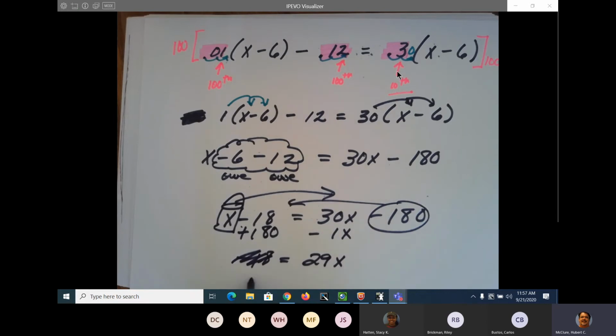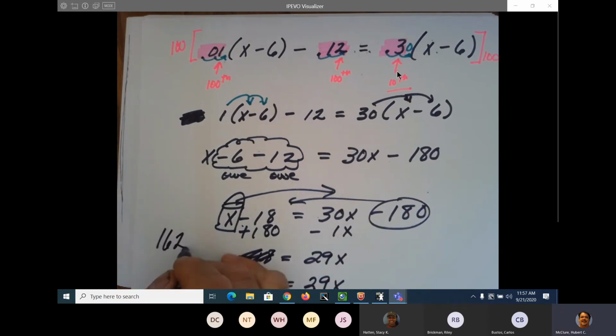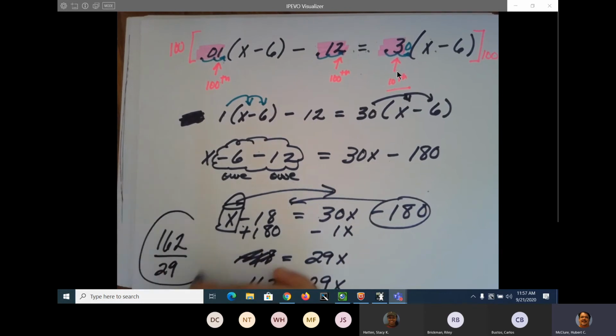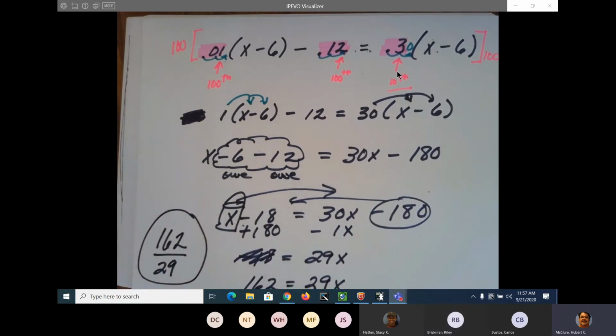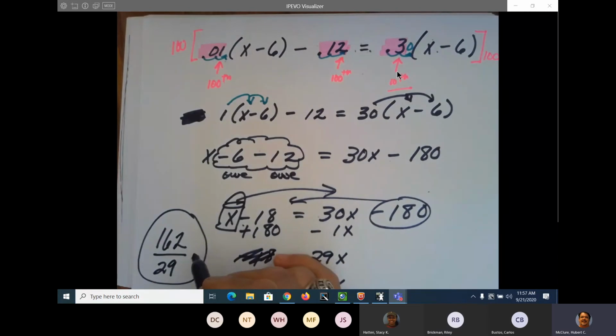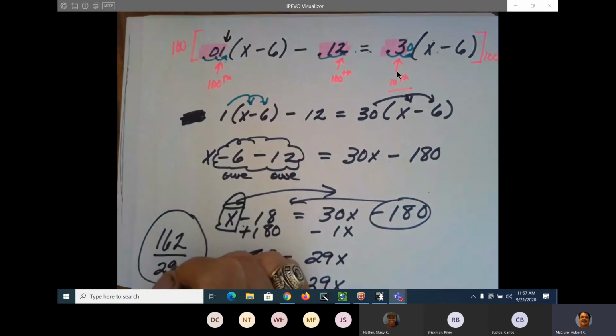I have no idea. Y'all can check me. I get 162 over 29. That's what I got. Now, since you started with decimals, you got to end with decimals. So somebody give me to 2 decimal places, the hundredths, what is 162 divided by 29?